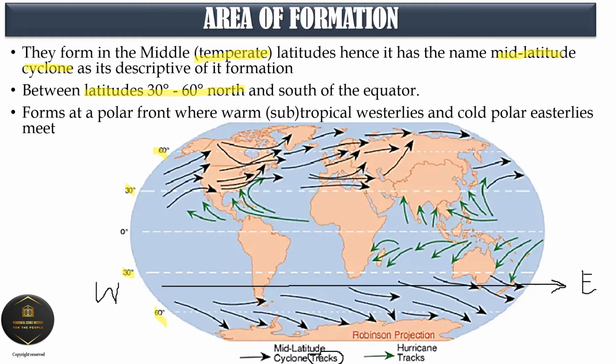And remember, I had already addressed that with you to say, here at between 60 and 90, we have what? We have easterly winds. And here we have westerly winds.